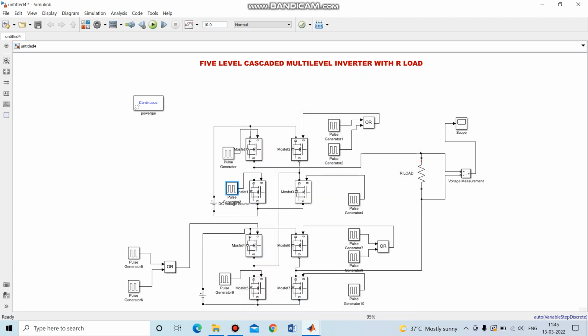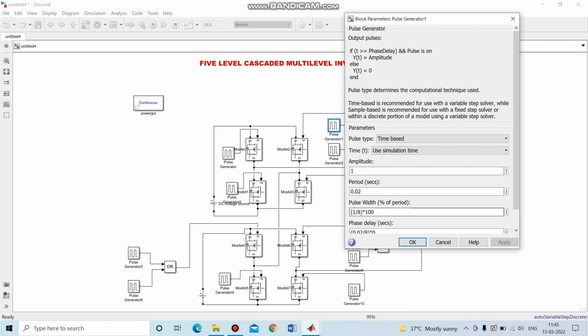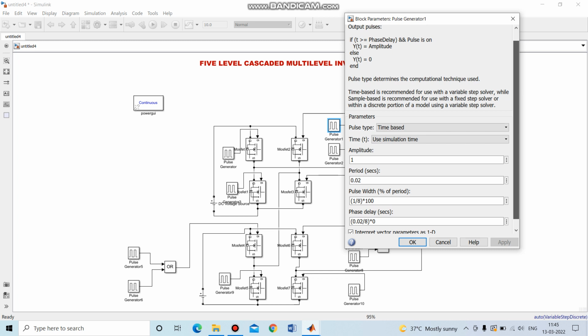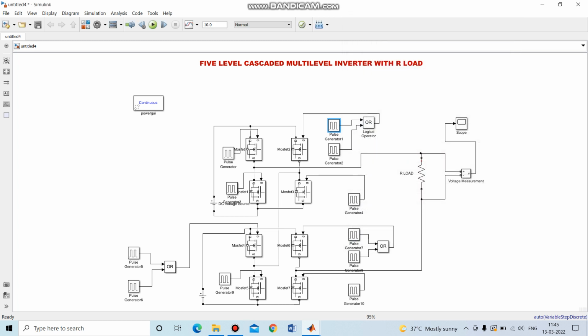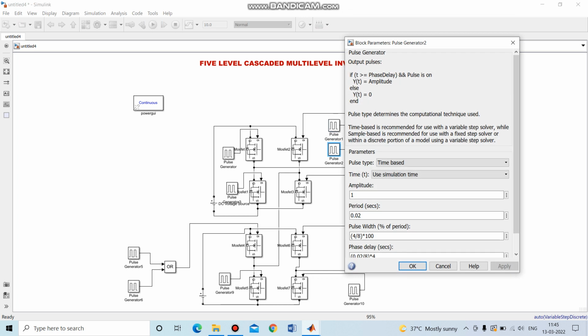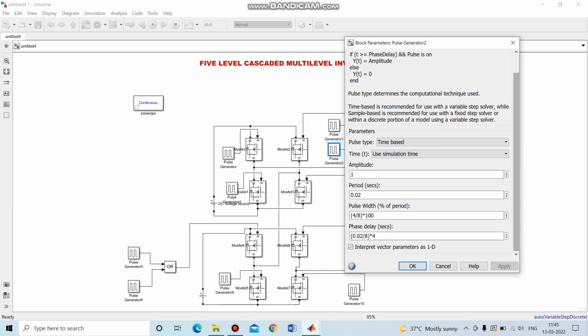In this we are using a logical operator, OR. This is a logical operator; here we are using OR. Here we give a pulse generator with the value 0.02 seconds, 1 by 8 into 100, then 0.02 divided by 8 into 0. Then the next pulse generator value should be given here: 0.02 period, pulse width 4 divided by 8 into 100, then phase delay 0.02 divided by 8 into 4 seconds.